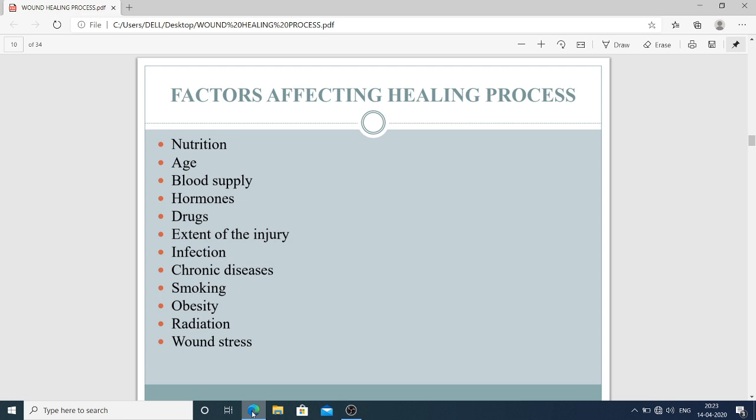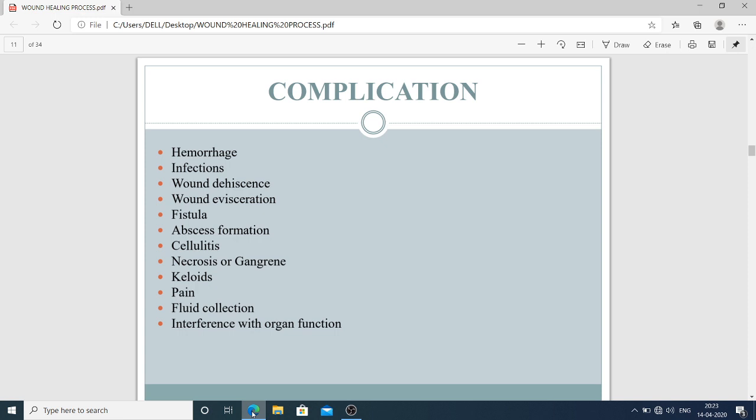If someone has a habit of smoking, they might feel difficulty in the healing process, and in case of obesity it also takes more time as compared to a thin person. Then radiation also prohibits the healing process. And wound stress also takes time. Then it depends on the person's ability or psychological strength.